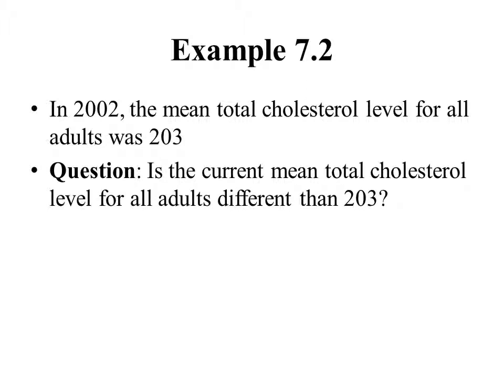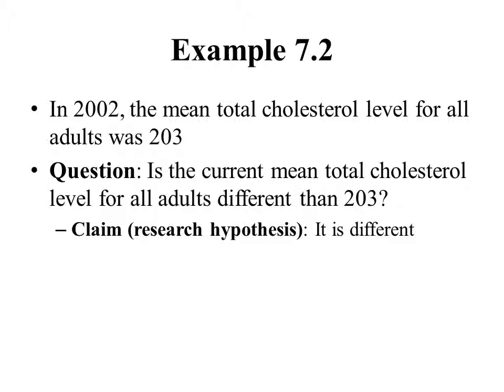So a question that a researcher might ask is the current mean total cholesterol level for all adults different than 2003? Now we're not asking has it increased or has it decreased necessarily. We're only asking is there a difference? Is it different than it was in 2002?